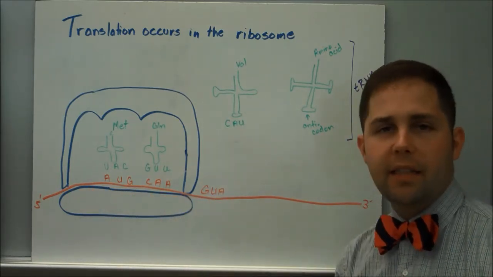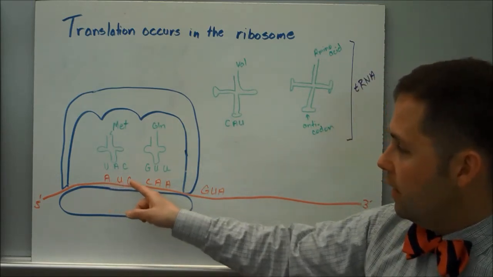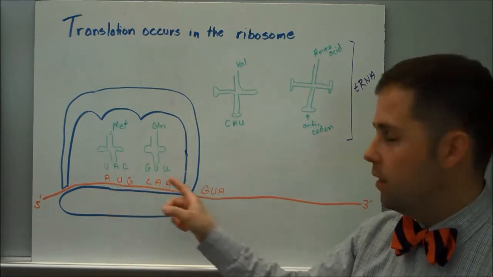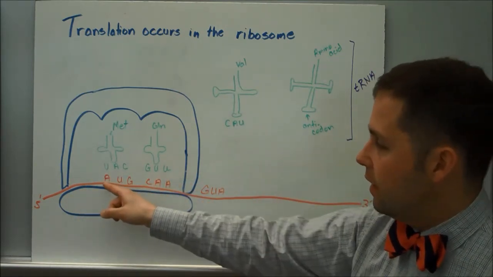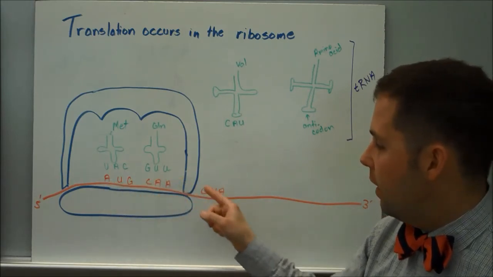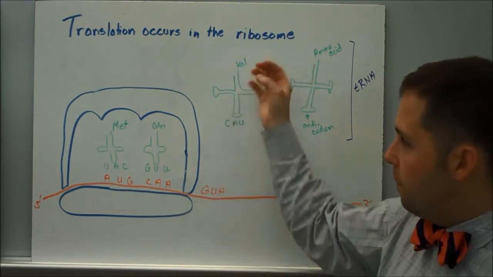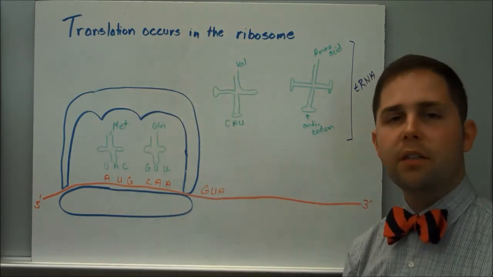When it binds to this small unit, you'll see that the nucleotides that we've been talking about are all exposed on the mRNA. I haven't written them all out here, but you can see we've got some AUG, CAA, GUA. So these bind onto the small subunit. The large subunit of the ribosome then sits down on top of the small subunit.